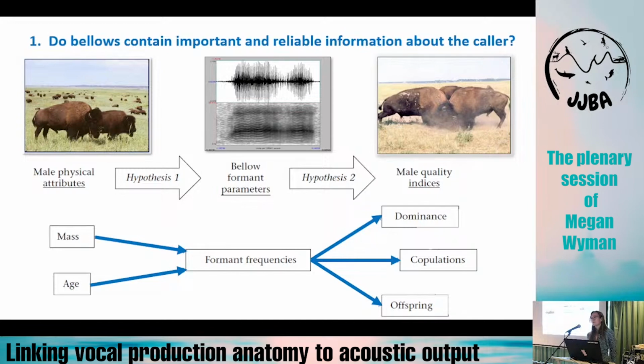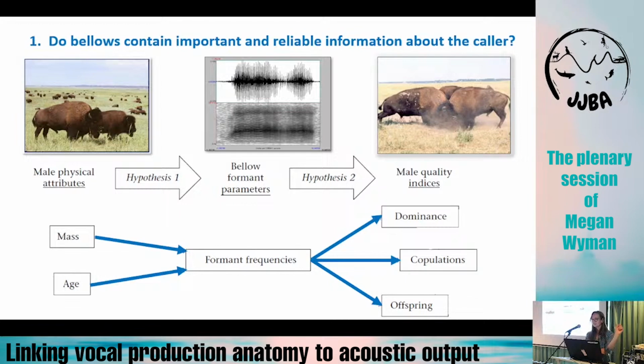Yeah, you could think of it from the other perspective as well. We were trying to disentangle this by looking at it from the anatomy perspective, and that the anatomy is having a constraint on what the formant frequencies would be. And so, yeah, you could sort of skip this middle part of formant frequencies and say, does mass predict dominance? Is that what you're saying, like directly without looking at the acoustic parameters?